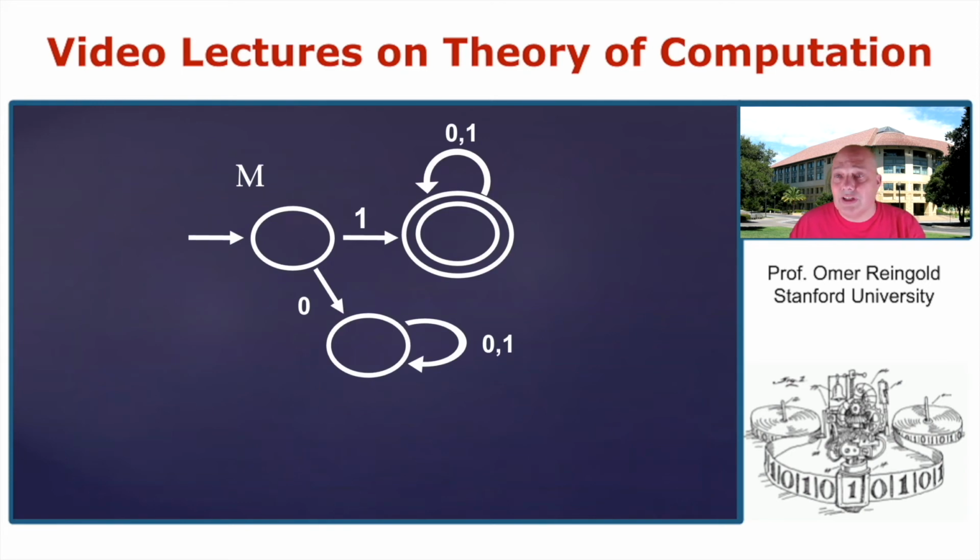So let's look at an example. We have this machine M. And now, what are the strings that are computed by this machine? I'll ask you this several times in the video, and perhaps it makes sense to stop the video at each one of these times and try to answer it by yourself.